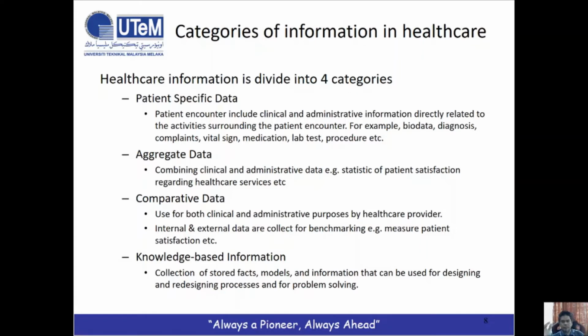For a private hospital, of course, they will look at profit and loss. So how much is the cost, how much is the profit. That data is combined: 100%, and then the cost, let's say 1,000, and from the 1,000, how much is the profit margin. That is aggregate data.